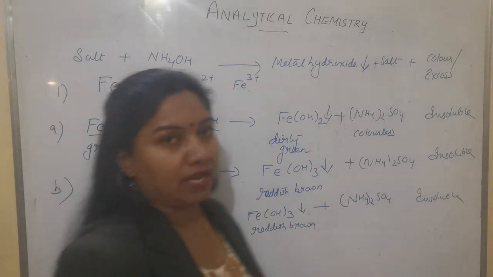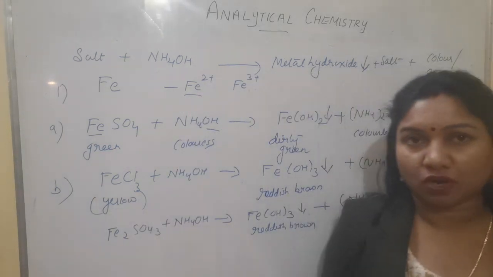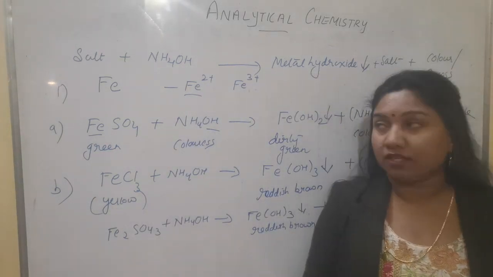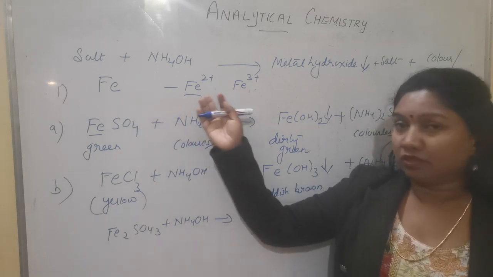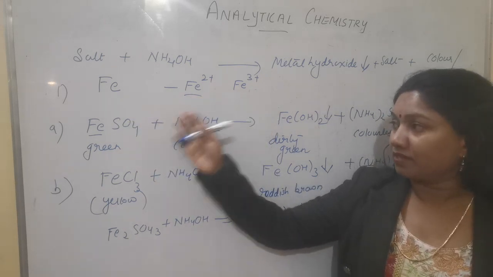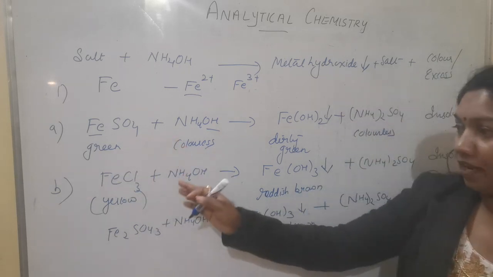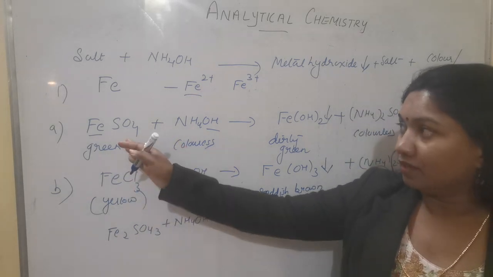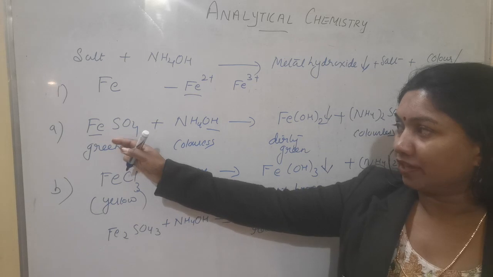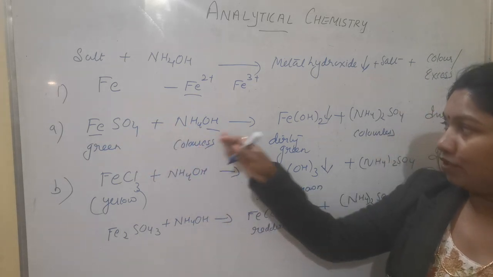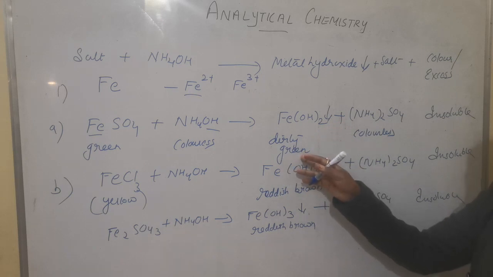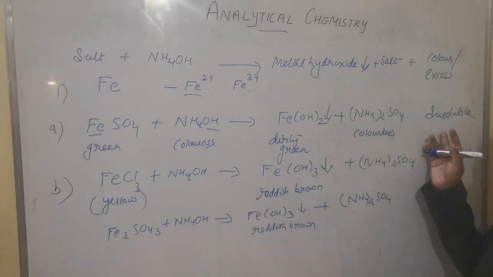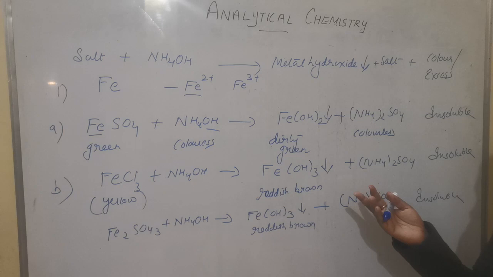So first we have seen the action of ammonium hydroxide on calcium salt. So no precipitation occurred. Next we have seen iron in both the states, +2 and +3. +2 is called ferrous and +3 is called ferric. In ferrous we have taken ferrous sulfate, added ammonium hydroxide, and we got ferrous hydroxide precipitate, a dirty green color precipitate which remained insoluble in excess of ammonium hydroxide.